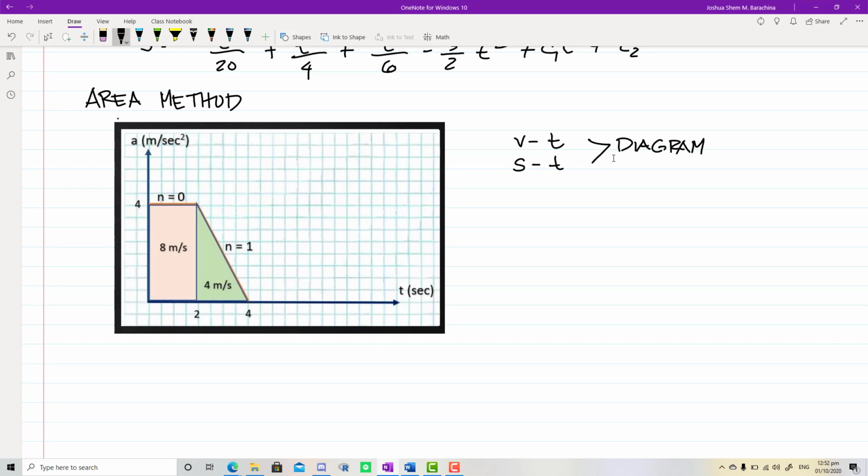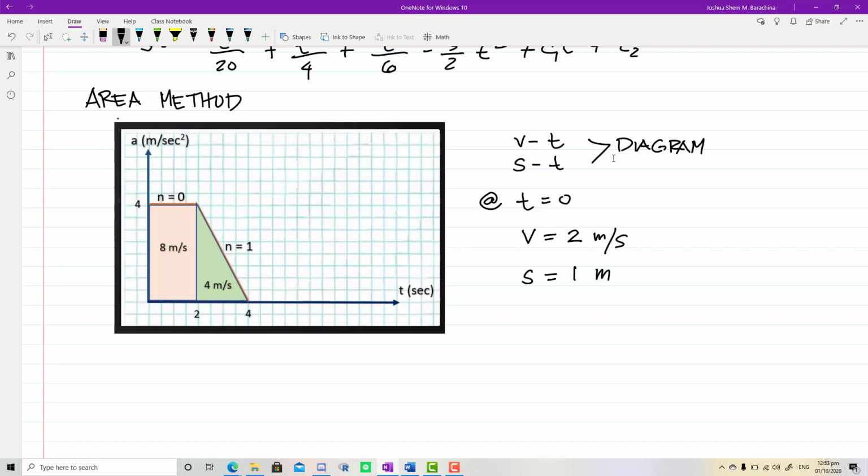Okay, so this time we will have a condition that at time equal to 0, the velocity is equal to 2 meters per second, and the position is equal to 1 meter.